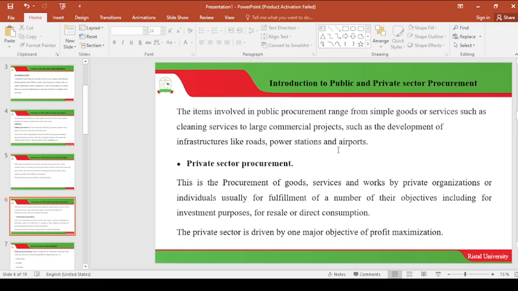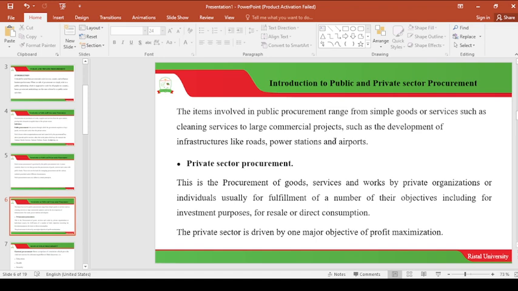So the private sector is driven by one major objective of profit maximization. All the procurement that is undertaken in the private sector, the main aim is to gain profits. That's why companies under the private sector always opt to reduce costs.